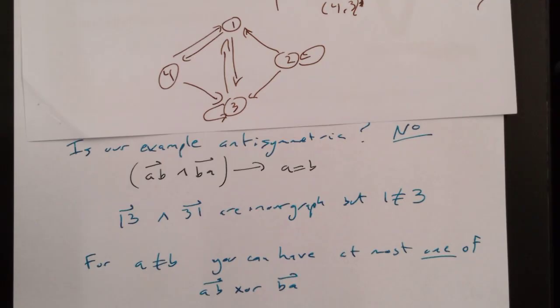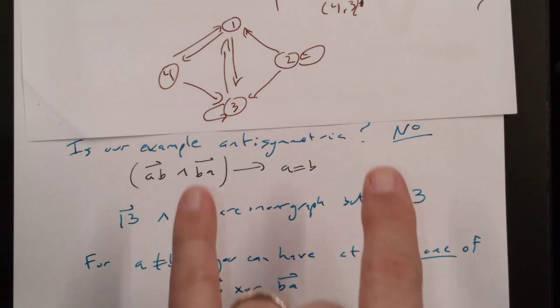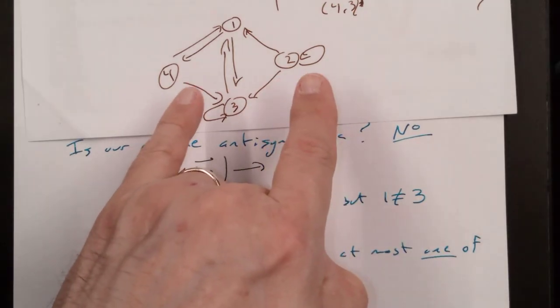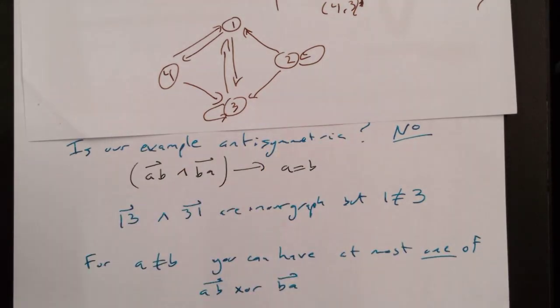I like that. If you've got two different dots, they can have at most one arrow. They might have no arrows between them. You'll notice there are no arrows between 2 and 4. That's perfectly fine. I don't have to have an arrow from 2 to 4. But if I want anti-symmetry, I only have one of the two possibilities, from 2 to 4 or from 4 to 2. Can't have them both.